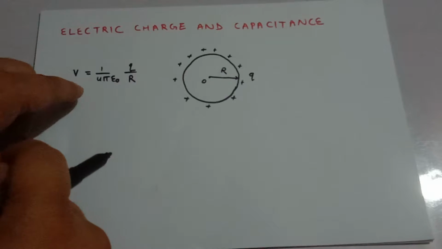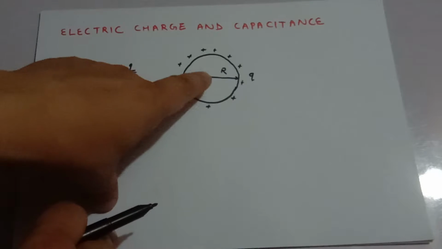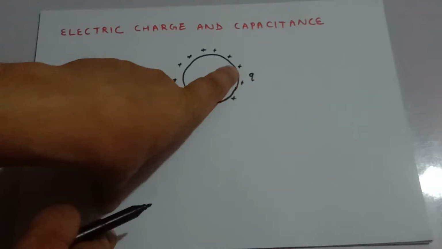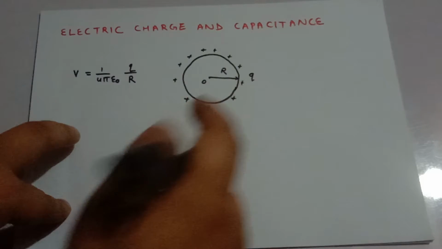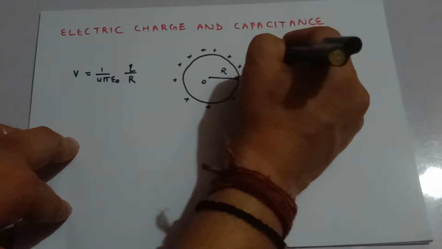And this potential would be the same from 0 to the surface of this sphere. That is the spherical conductor.